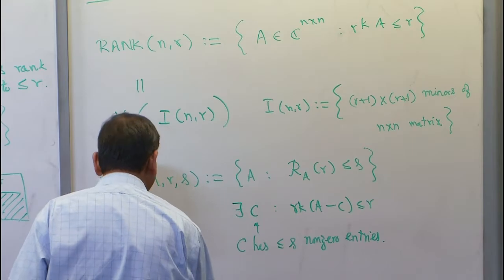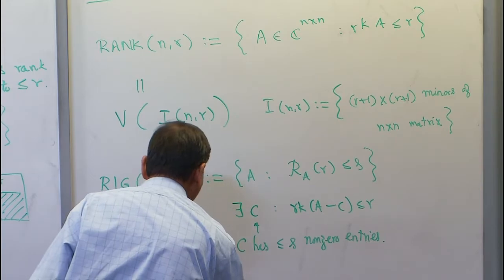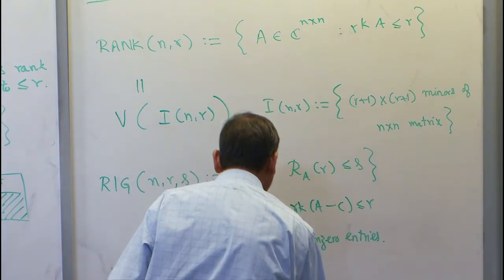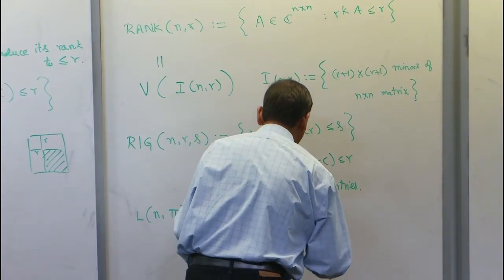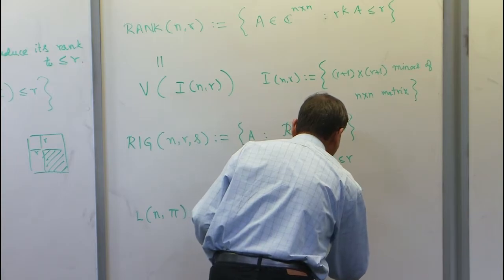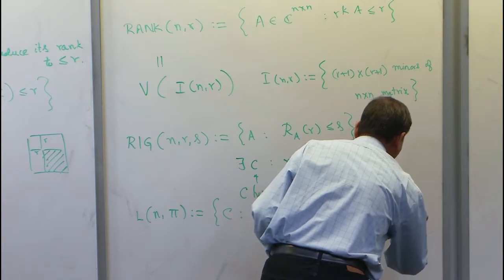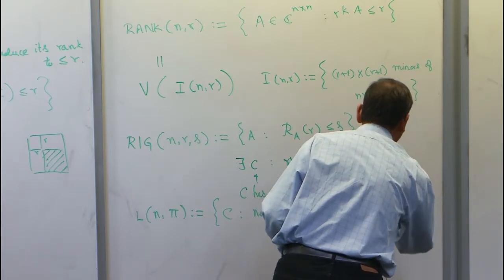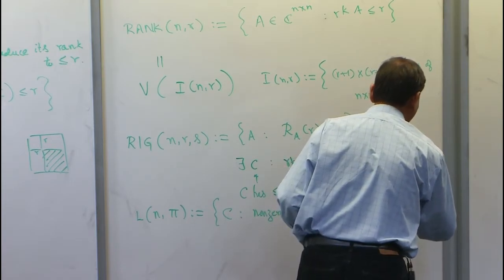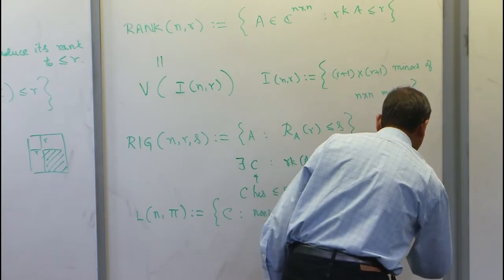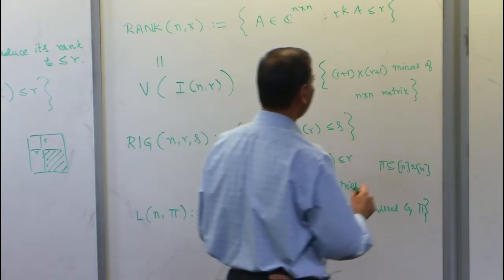Let me write that as L, because it's a linear space. L_pi is the set of all matrices C such that the support, the non-zero entries of C, are indexed by pi, where pi is a set of coordinates, a set of entries.